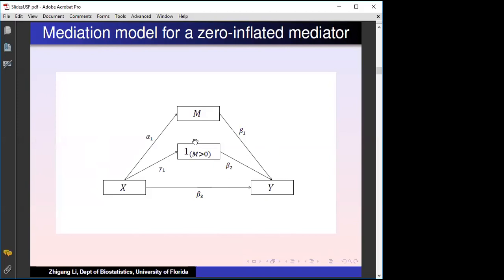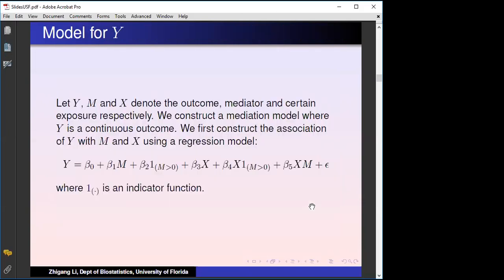As you can see here, there are 2 mediators now. One is the continuous abundance level of the microbiome. The other one is the binary change, right? And there could be 2 mediation effects going through these 2 different routes happening simultaneously. So how do we estimate those 2 mediation effects at the same time?